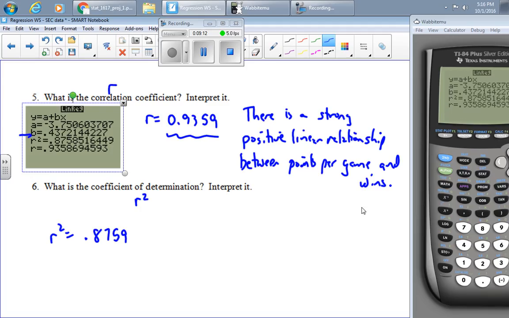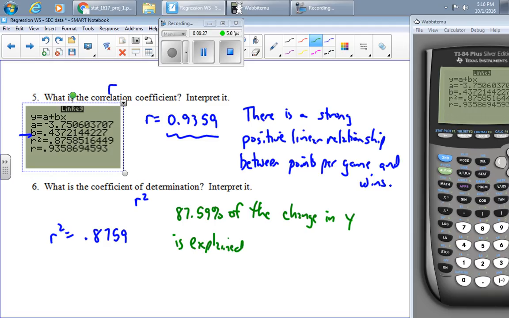Now r squared is a percentage. And this says that 87.59% of the change in y is explained by the least squares regression line, which you can abbreviate, of y on x.